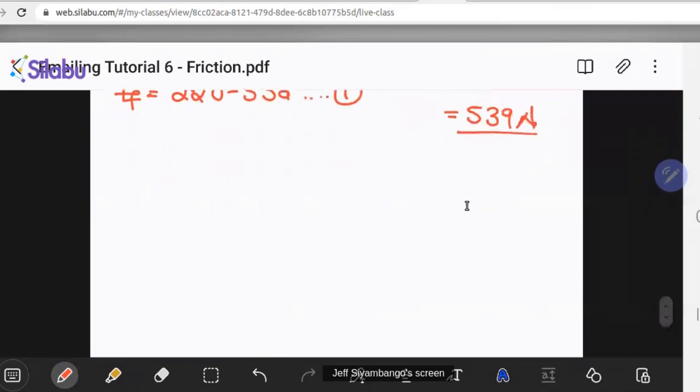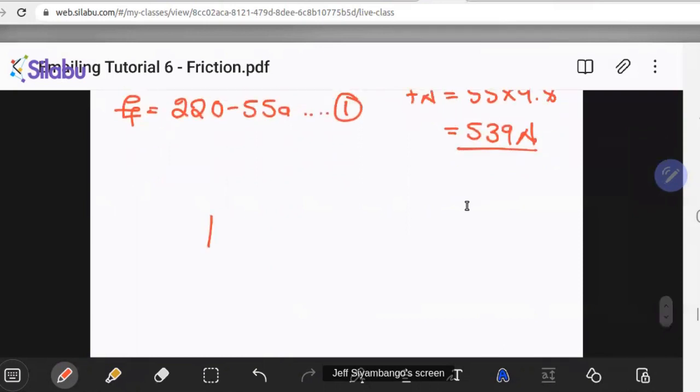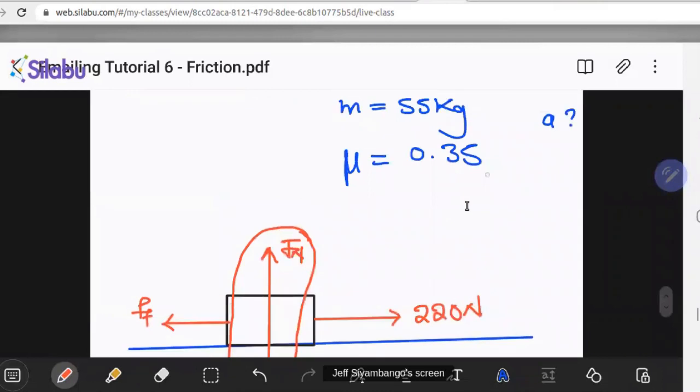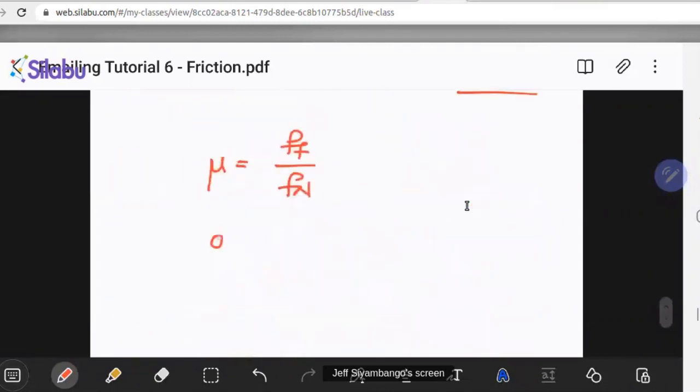See, the question did give us the coefficient of friction. So using the coefficient, we know that the coefficient of friction is equal to the force of friction over the normal force. So if we know the coefficient is 0.35, we can say 0.35 is equal to the force of friction divided by our normal force we just found, 539.